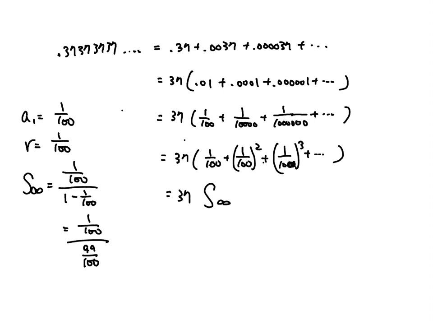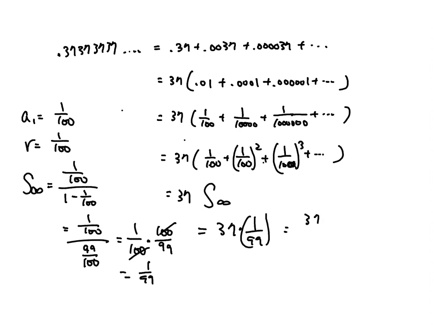So the sum in this case is 1 over 100 times 100 over 99, which is 1 over 99. So this is 37 times 1 over 99, which is 37 over 99. Okay, so this is a good application showing why a repeating decimal is written as certain fractions, and it will give you a pretty good idea of the reasoning behind it. It's just another good application of the infinite series.